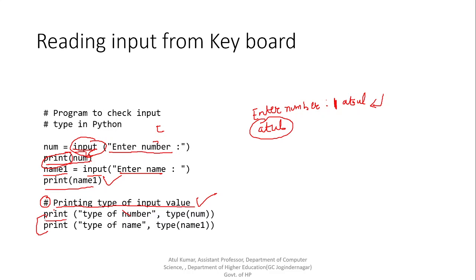Inside a print statement, I have written in double quotes "type of number", and it is displayed as such, since anything in double quotes inside a print statement is displayed as it is. Then type of num: num is of class str.